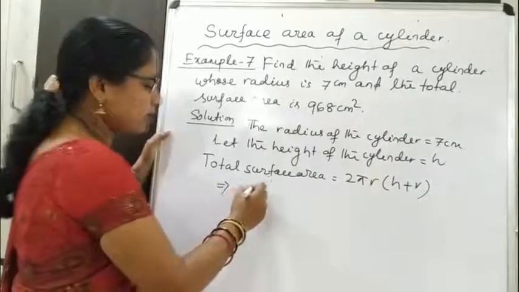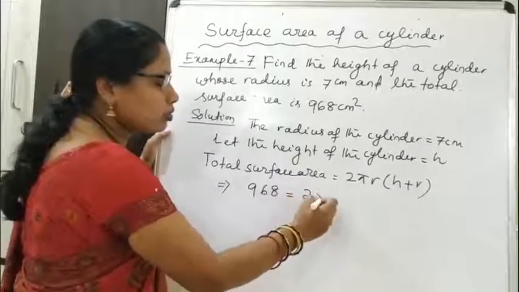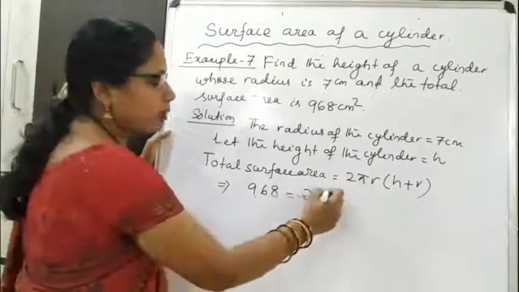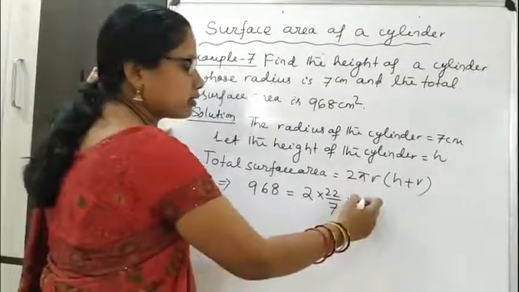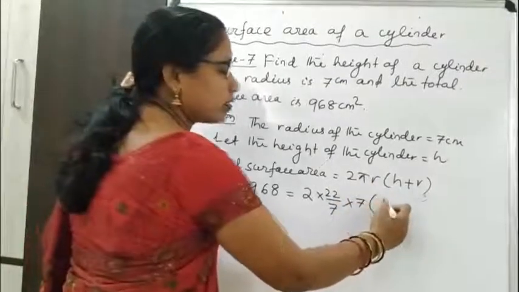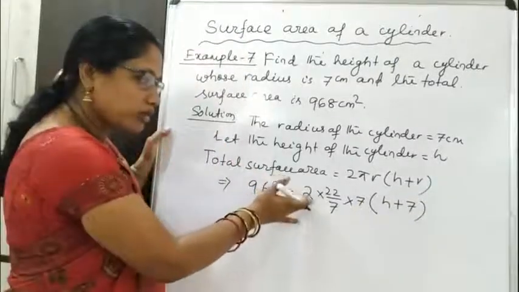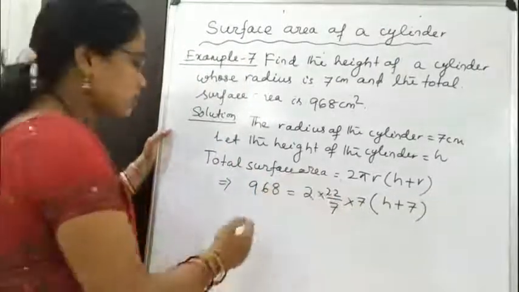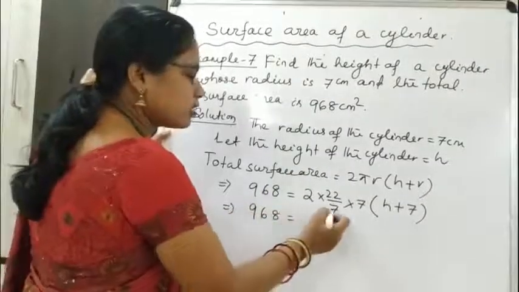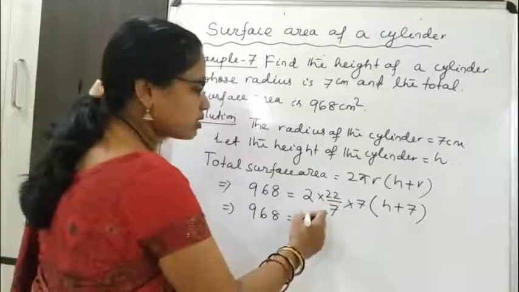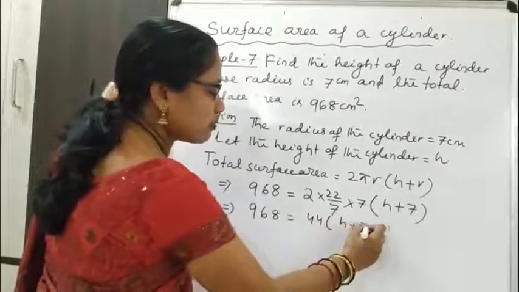So this implies 968 is equal to 2 multiplied with pi, pi is 22 by 7, multiplied with r, this is 7, multiplied with h plus 7. So then we will solve this equation for h. So this implies 968 is equal to, 7 cancels, 44 multiplied with h plus 7.